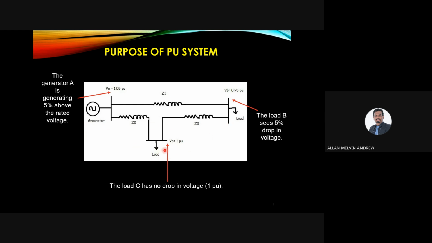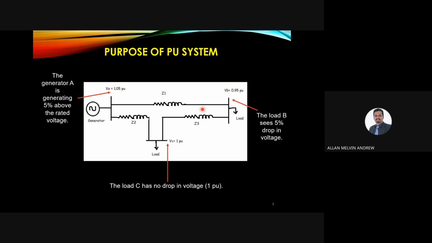And for the load, this is load C because it's C, VC. So load C has no drop in voltage. It's 1 pu because what you calculate here is 1 pu. So 1 pu and 1 pu, no change, no drop in voltage. So it will either increase, have no drop, or have a drop.